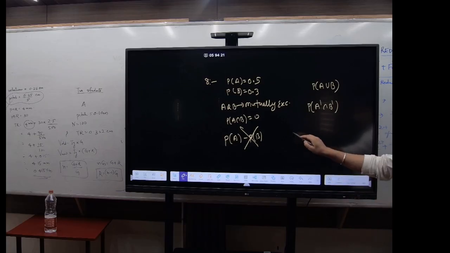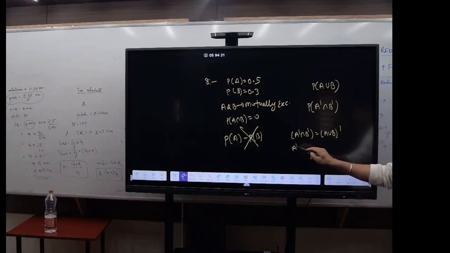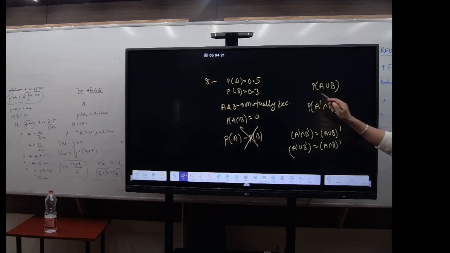You guys might have studied this. A dash intersection B dash is written as A union B dash. Have you guys studied? Or A dash union B dash can be written as A intersection B dash. See, this is the logic I'll tell you.